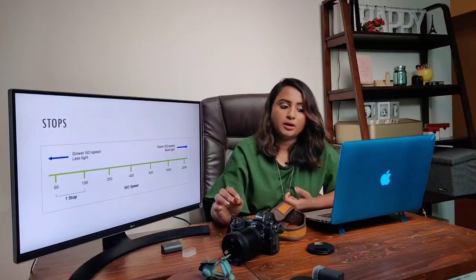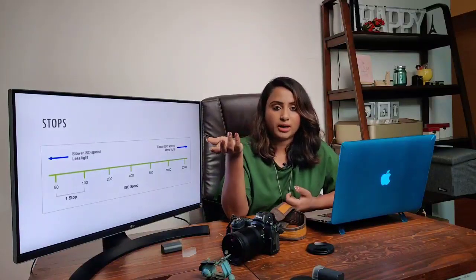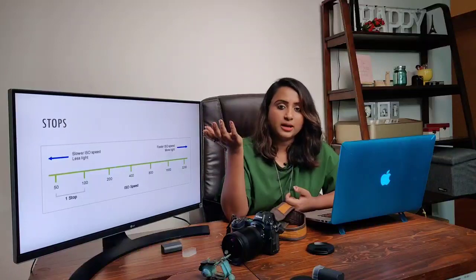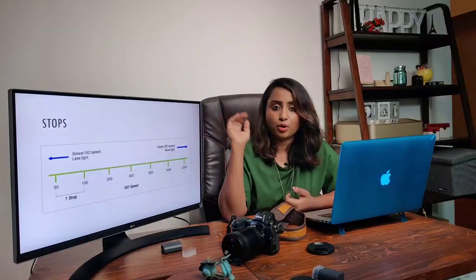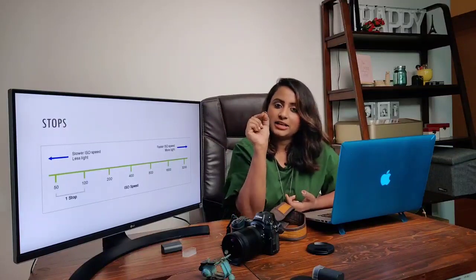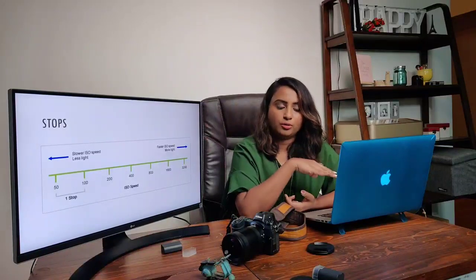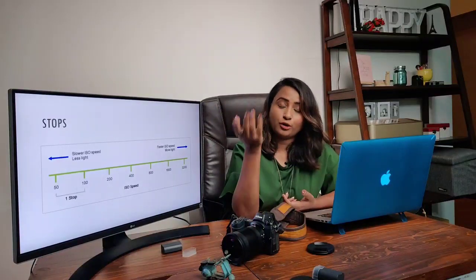If there is no way you can manage with a lower ISO because of shooting in low light, then you can increase your ISO. For example, let's say you're shooting a moving subject and you want to freeze the motion, so you would set your shutter speed to something really fast, like 1/200th of a second. 1/200th of a second is a really small fraction of time during which light is entering your camera and falling on your sensor.